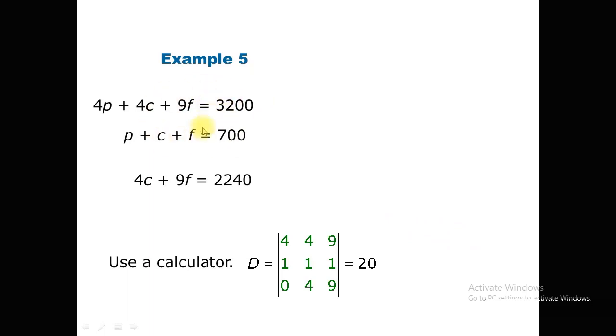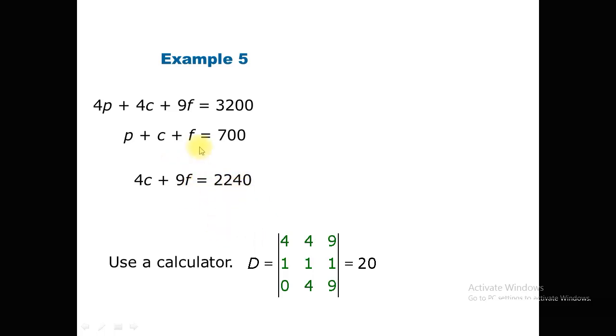Now suppose we have another example of three equations in 3 unknowns. The first equation is 4p plus 4c plus 9f is equal to 3200, the second equation is p plus c plus f is equal to 700, and the third equation is 4c plus 9f is equal to 2240.